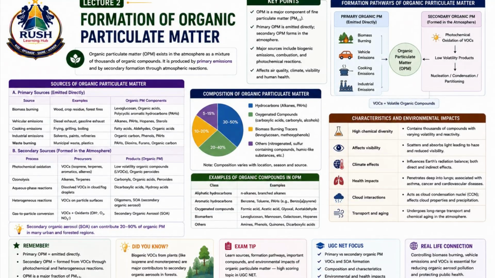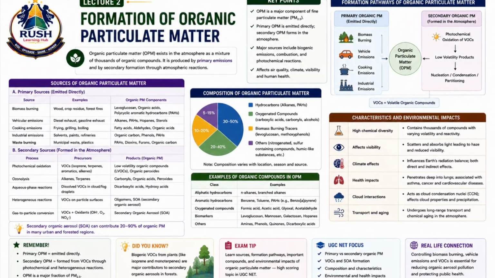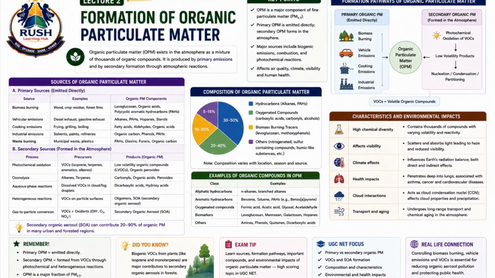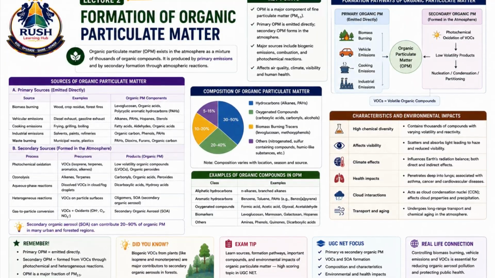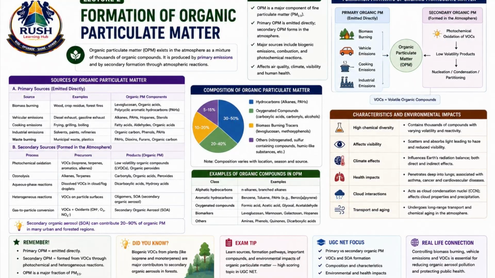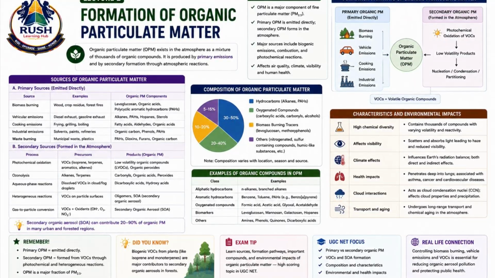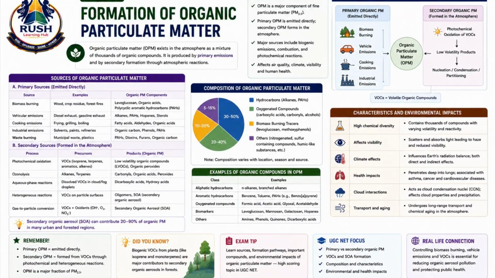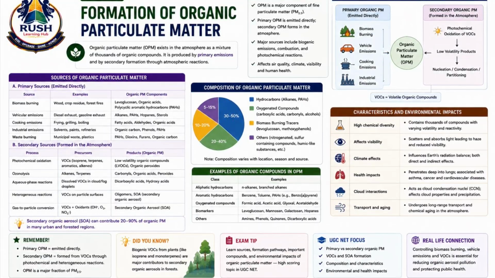The third mechanism is aqueous phase reactions. Organic compounds dissolved in cloud droplets, fog, or atmospheric moisture undergo chemical transformations. These reactions produce dicarboxylic acids and other oxygenated organic compounds. The fourth mechanism is heterogeneous reactions.